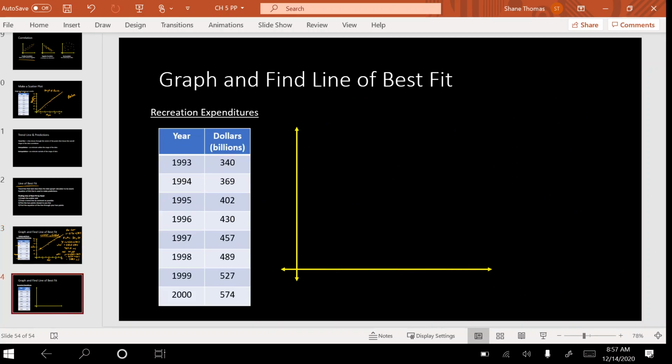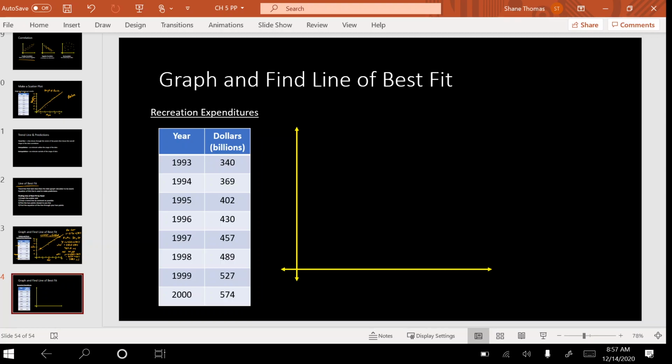So, here we go. Here's another one. I'm going to help you get started with the graphs. This is how much people spend for recreational activities. Now, what I'm going to tell you to do here is for the years, instead of putting 1993, 94, and so on, just use the last number: 3, 4, 5, 6, 7, 8, 9, 10.